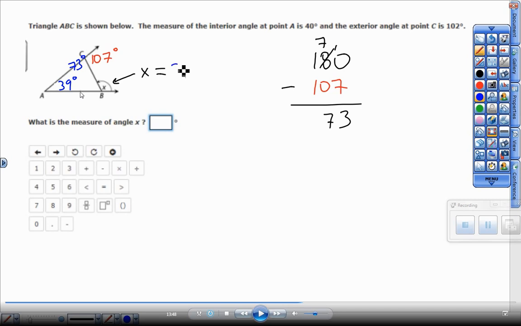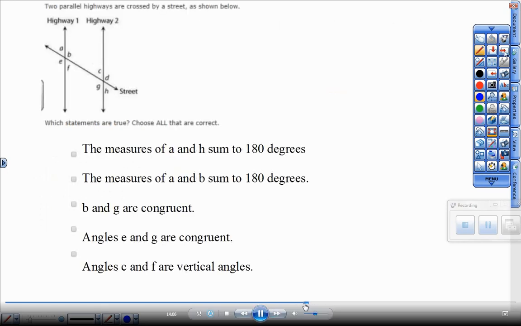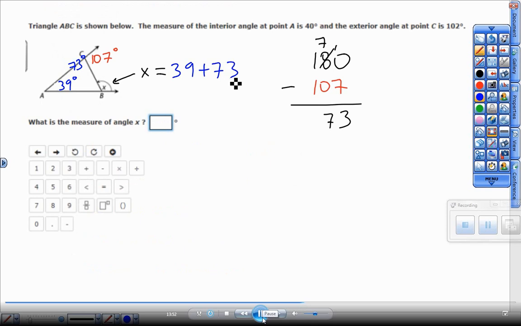All you need to do to find this is add up 73 and 39. Add those two up, and that will give you that outside angle, which hopefully you saw was 112. And again, sorry about that. Skipping around. This problem should be a money problem. 112 degrees.